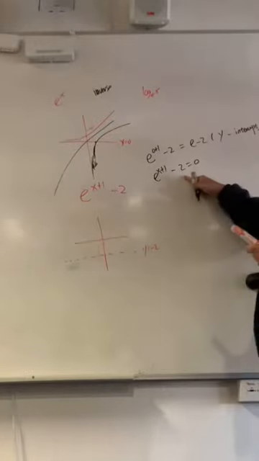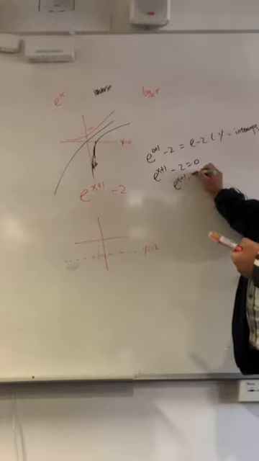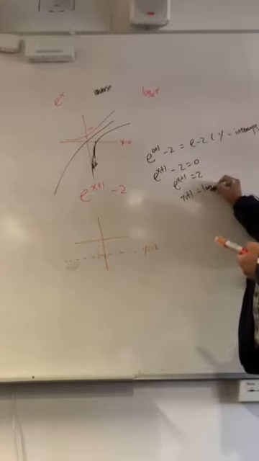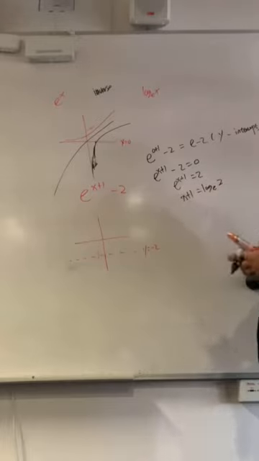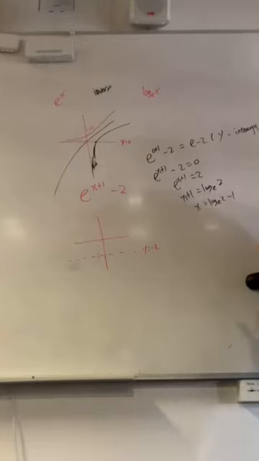Then we solve it, which I think we know how to solve. So e^(x+1) equal to 2. Therefore, x plus 1 equal to log_e 2, and then x equal to log_e 2 minus 1. So this would be the x-intercept.